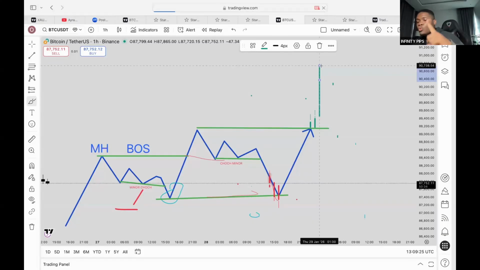When to enter. If the trade closes on a full candlestick, you can enter. That's when to enter. Two, when not to enter.